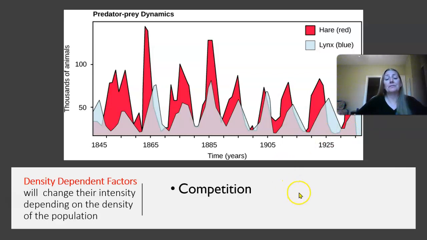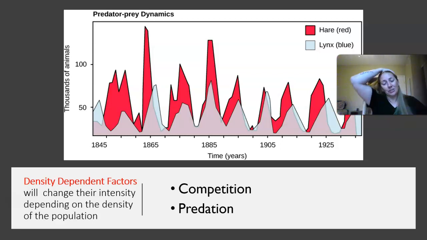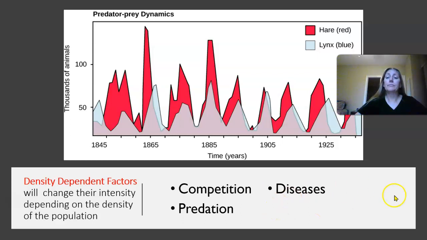So some examples of density dependent factors: competition for resources, predation, that's what you're seeing in this graph here, looking at hare versus lynx population. Lynx are predators of hares, and so as the hare population increases, soon thereafter, the population of its predators, the lynx, will increase.